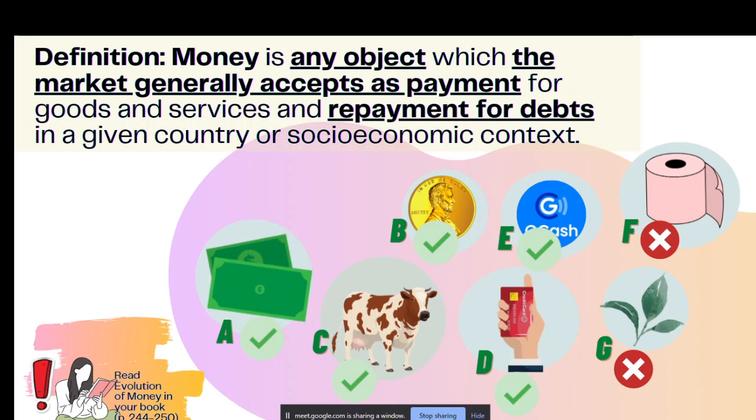Pero, with regards to generally accepts as payment, ibig sabihin, tinatanggap ng lahat, kasi yan yung isang requirement ng pera. Dapat, pwedeng matanggap ng lahat as valuable, as exchangeable, then A, B, C, D, and E, the ones that would qualify given this definition. Okay, in your book, you can read pages 245 to 250 regarding this topic.